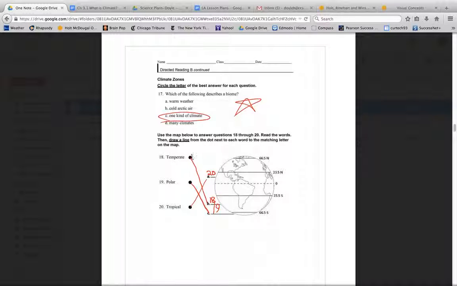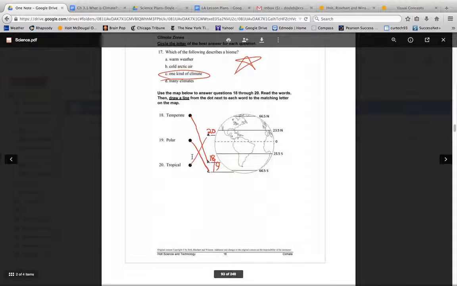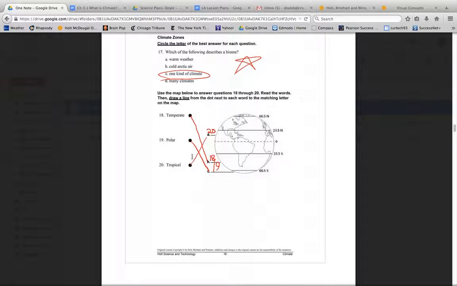All right, so 18, use the map below to answer questions 18 through 19. Read the words, then draw a line from the dot next to each word to the matching letter on the map. So the tropical climate is this area in here, where it tends to be really warm because it's near the equator, so we call that the tropical climates.